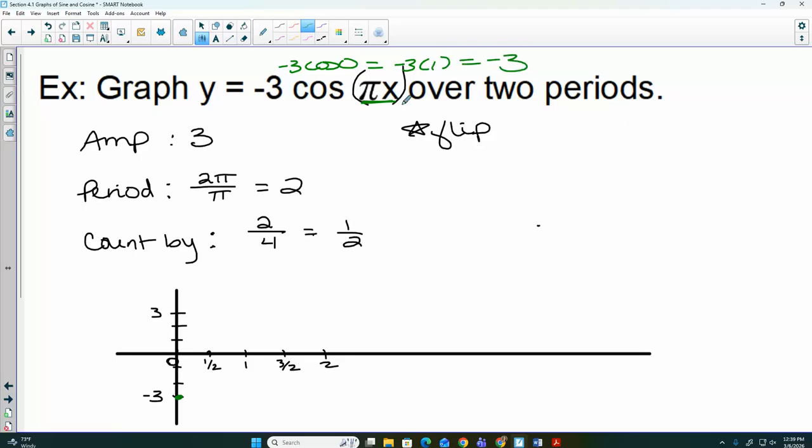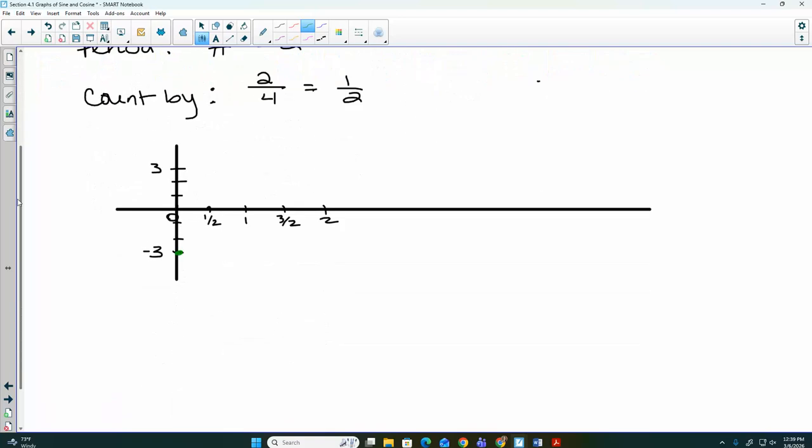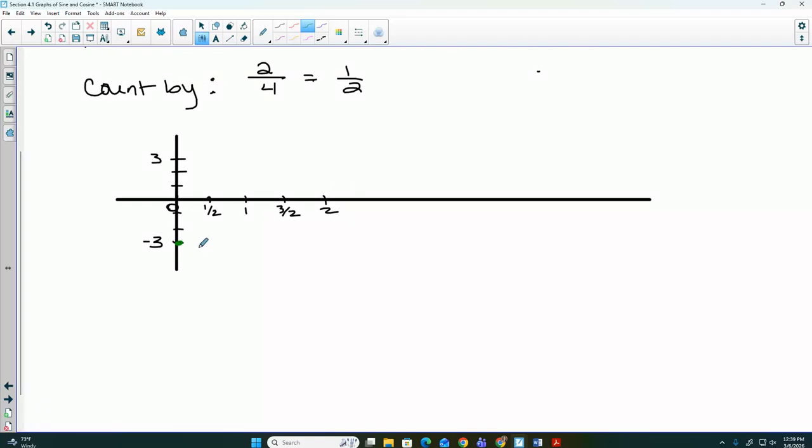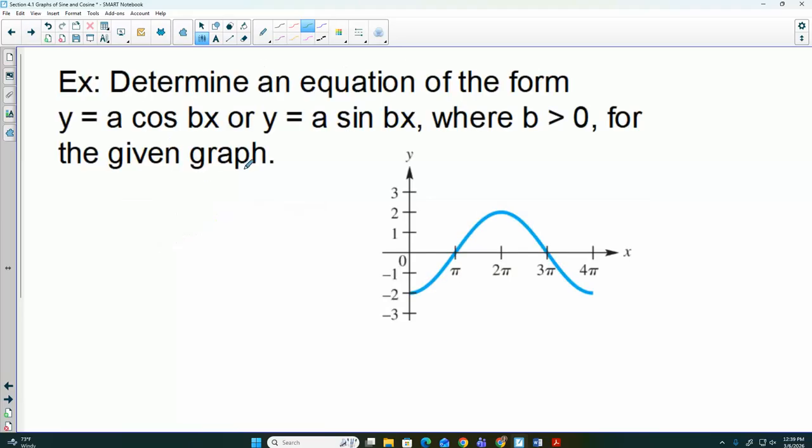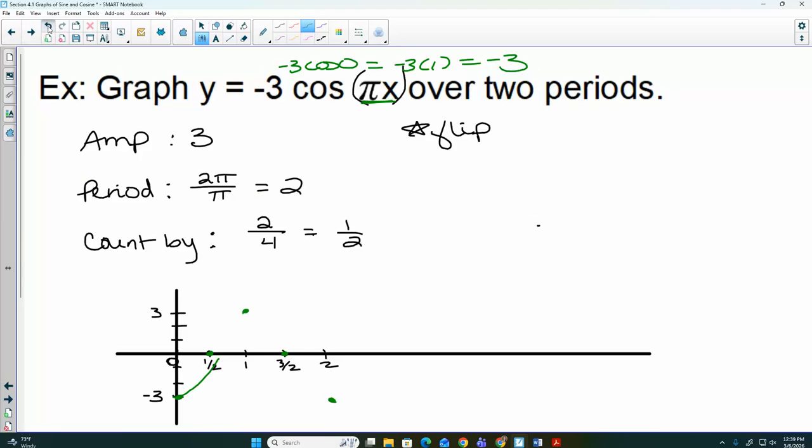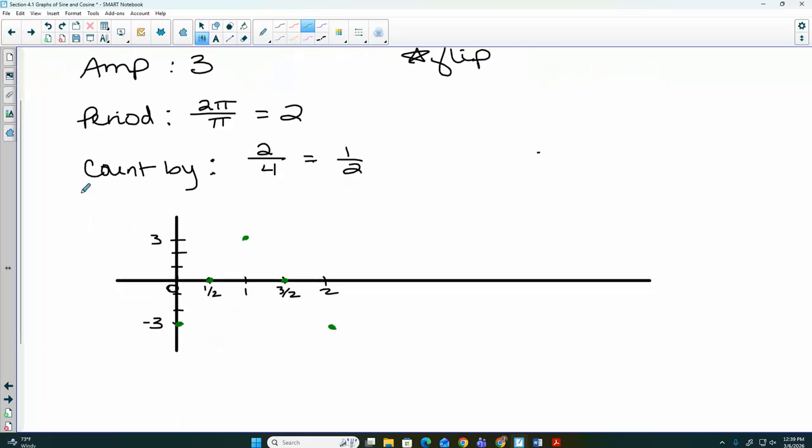So we're not just making up points, it's what you get if you plug them in. We're just using the pattern to save ourselves some time there. So then we have to hit 0, high point of 3, back to 0, low point of negative 3. Oops. And that would be 1 period of my graph.